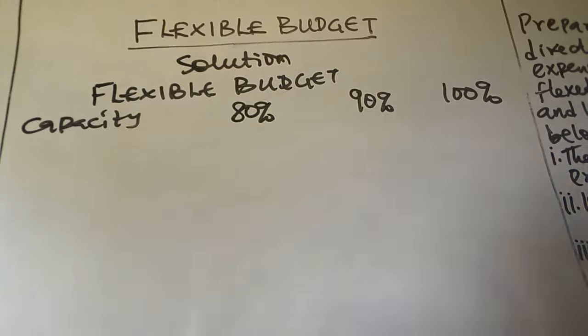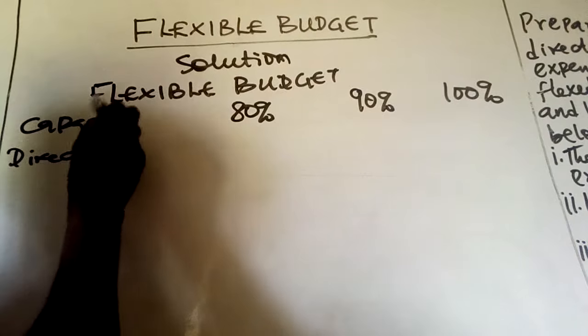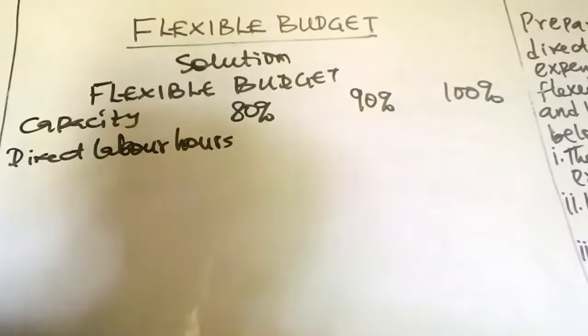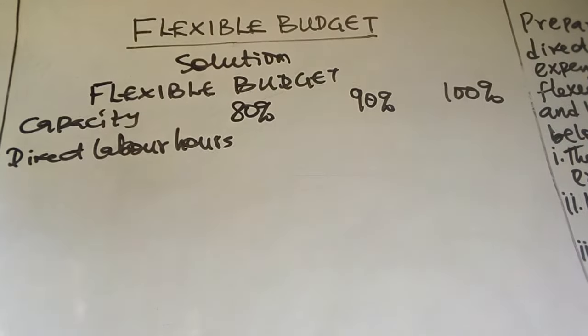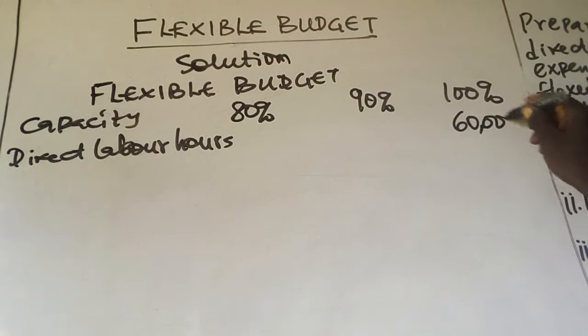You are equally given the direct labor hours. For 100% capacity, the direct labor is 60,000 hours.